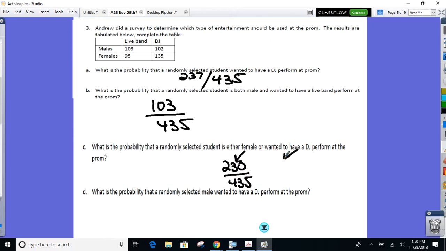How many people want a DJ? 237. Anybody want to pipe up here? There's a couple people I've counted twice. I've counted the females who want a DJ twice, so subtract out. 135 out of 435. Yep. Can't count them twice.